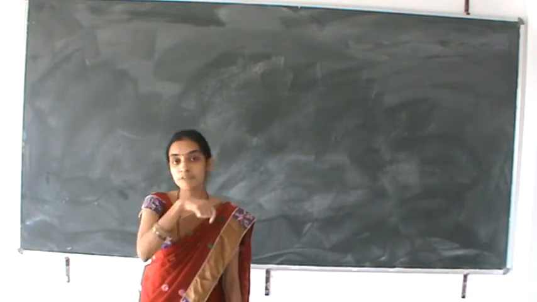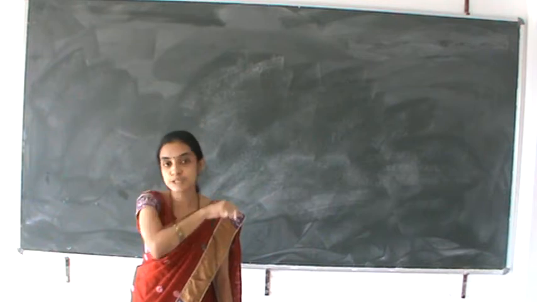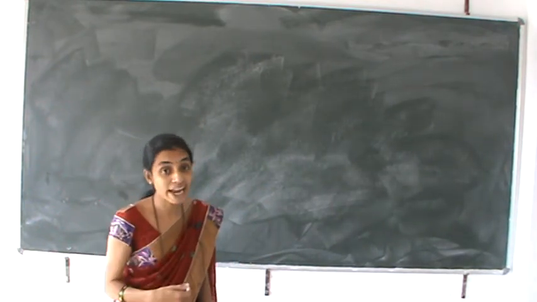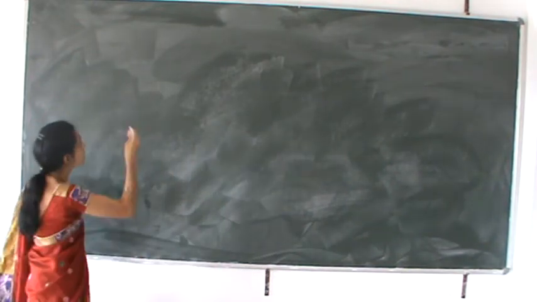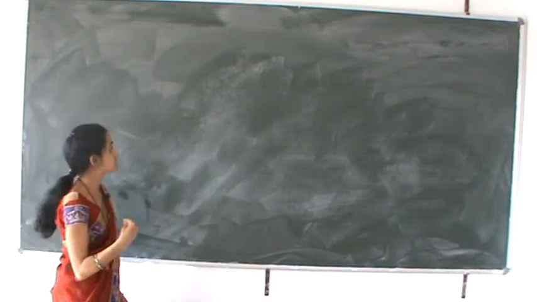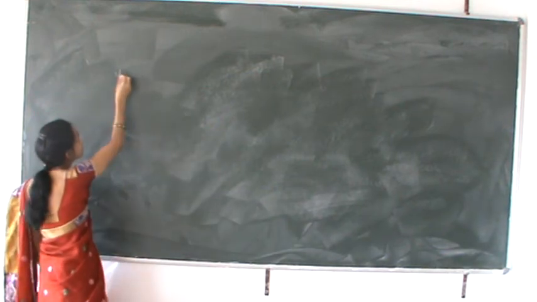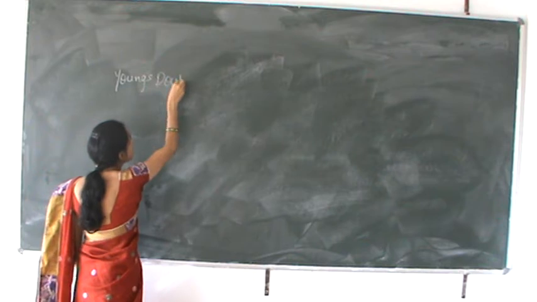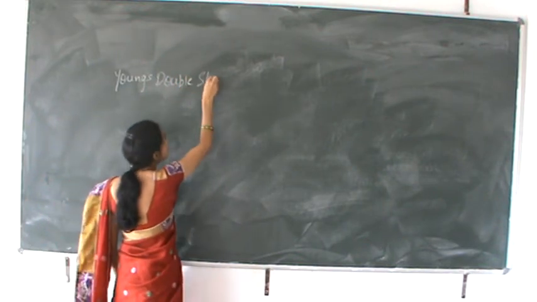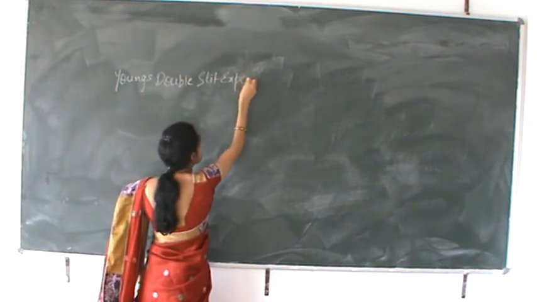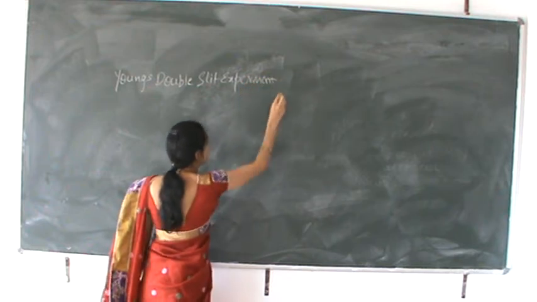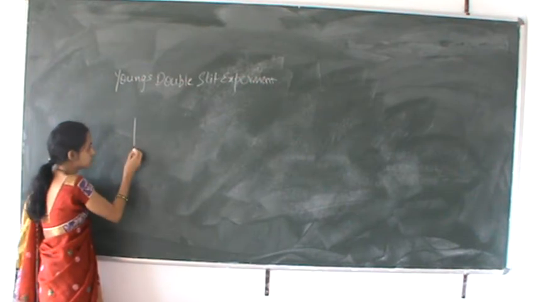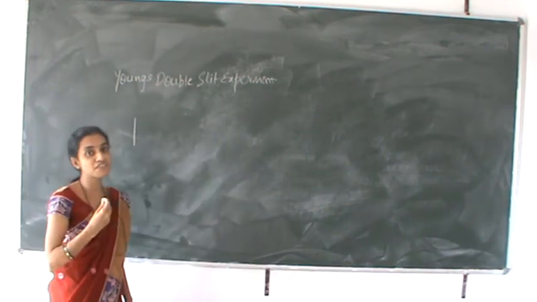First, the setup of Young's double slit experiment, which was demonstrated by Thomas Young in 1801. This is the initial setup of interference, Young's double slit experiment.